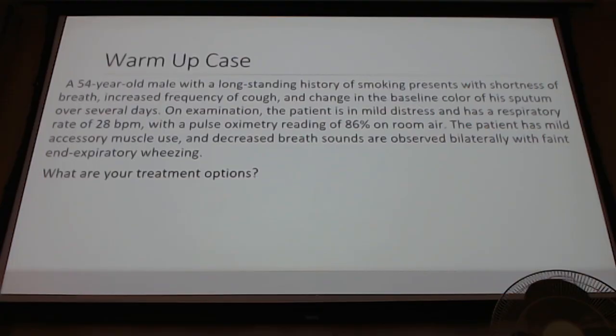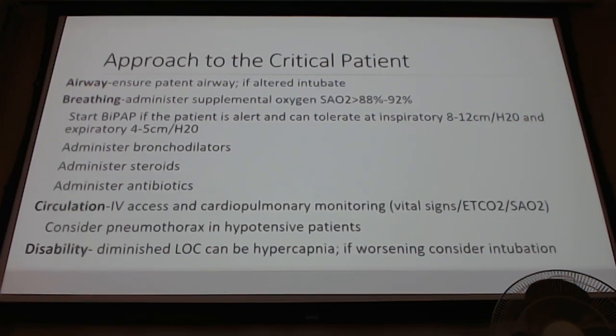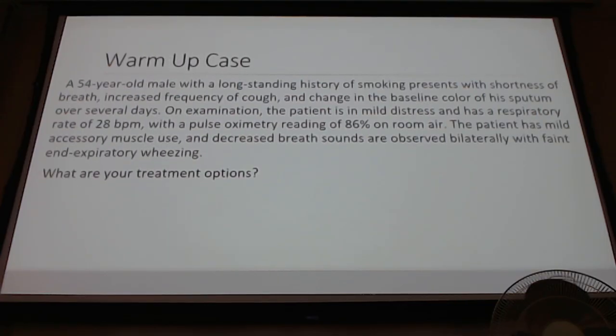Oxygen, good. BiPAP. Steroids, yes. What else? Pretty much same as asthma, some sort of albuterol, ipratropium, like DuoNeb is what we prefer in these patients. All right, so there's our ABCs. He's got like 86% on room air, not uncommon in our COPD patients.